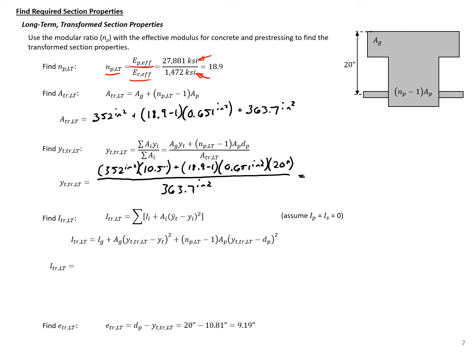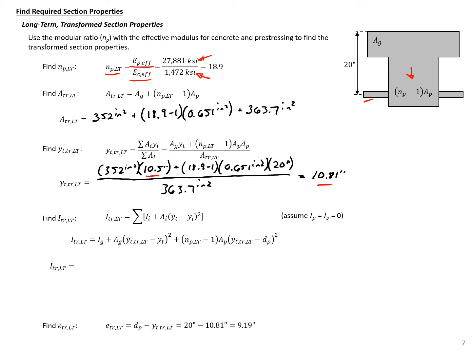And this will be 10.81 inches. So you can see our centroid of our gross section, 10.5 inches. Our transform pre-stressing is pulling that centroid down, so we have a larger distance from the top to the centroid of our transform section. So conceptually it checks.